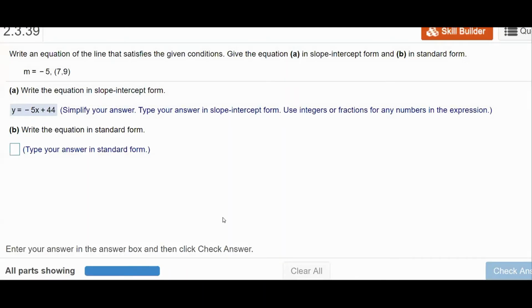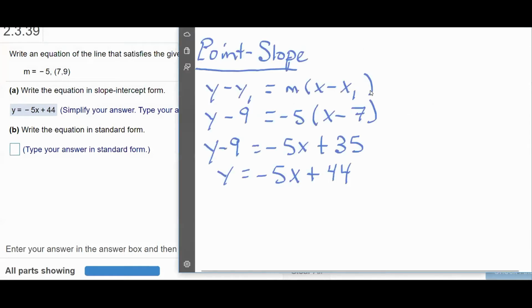Now before we go to the standard form, another option would have been to start in slope-intercept or y equals mx plus b form. But you have to be careful.